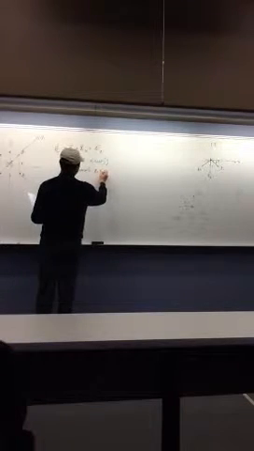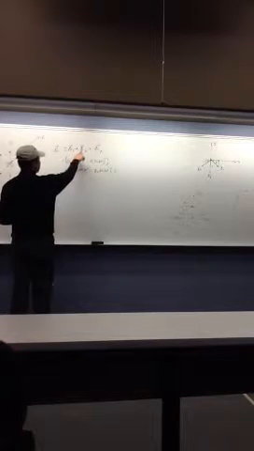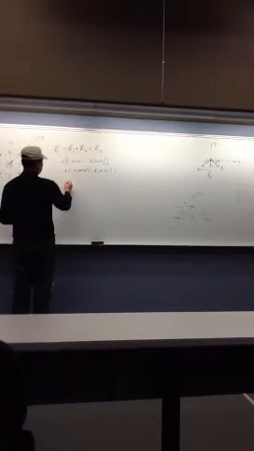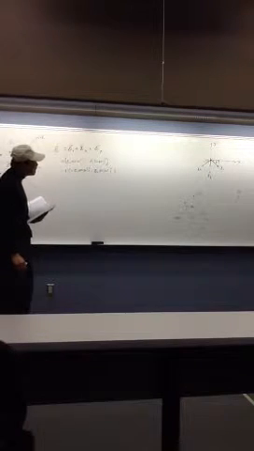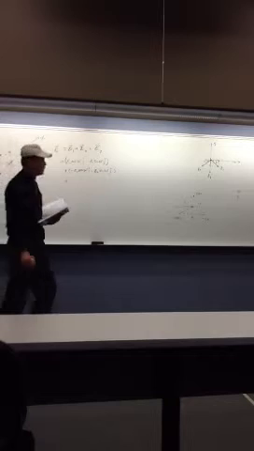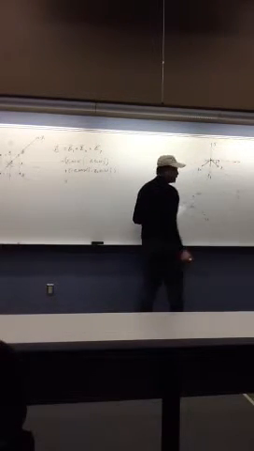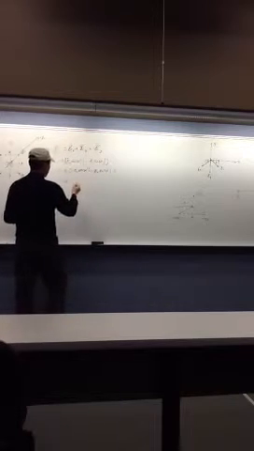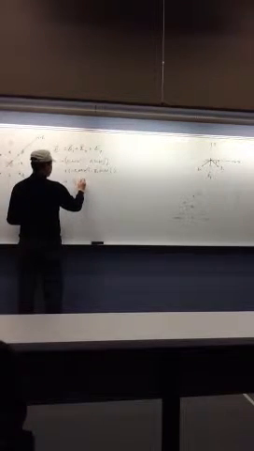E2 sine 30 degrees J. That's the second one, right? And the third one, E3, what is it? X component is 0. You see, it's vertically down, therefore in x direction it's 0. Only y component, there's no angle involved. The magnitude E3 times J, that's it.